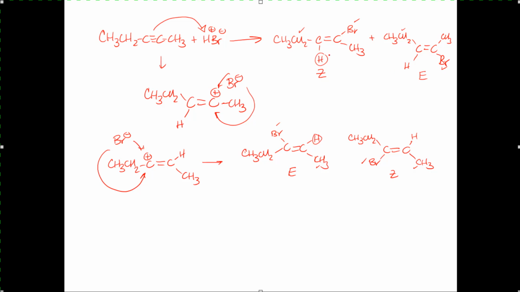All four of these products would be formed in roughly 25% yield, so they would be roughly the same. So in this case, there is no regioselectivity and there's no stereoselectivity to that reaction.